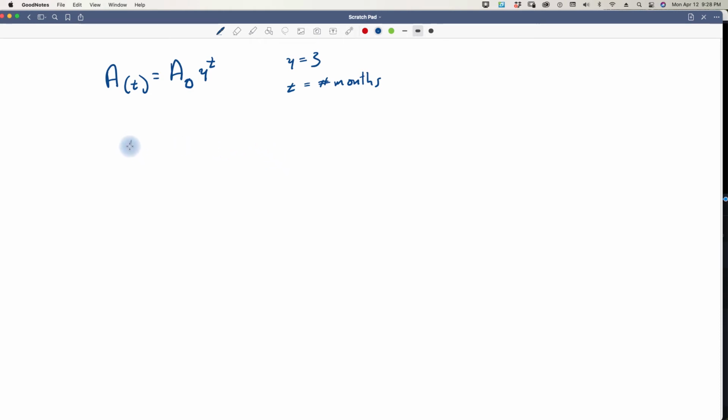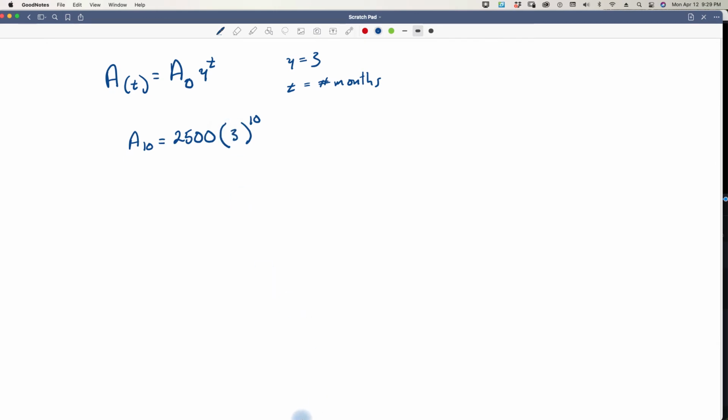So 10 months, so that's A of 10 equals the original amount, which was 2,500, times 3 to the 10, because this is t, right? So we need to do this on the calculator.